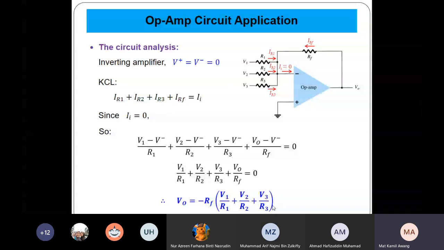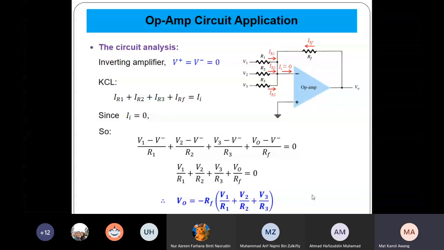If you want a summing amplifier where Vout is equal to V1 plus V2 plus V3, therefore you make the value of RF over R1 equal to 1, RF over R2 equal to 1, RF over R3 equal to 1.